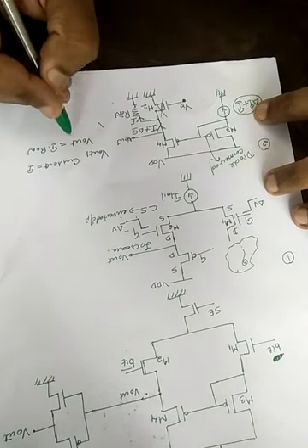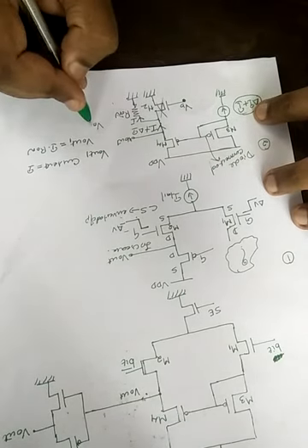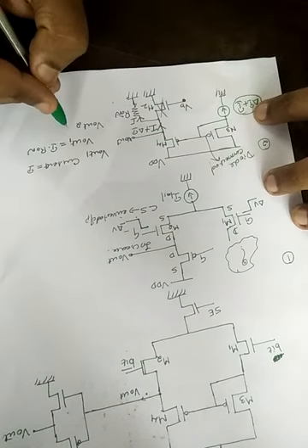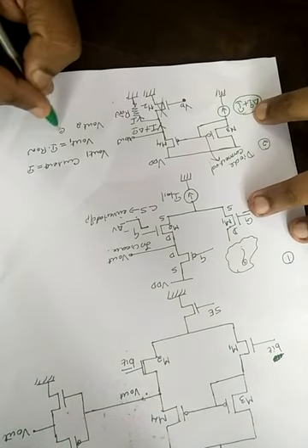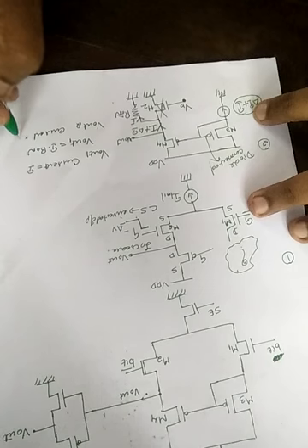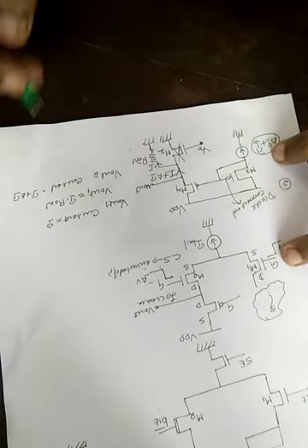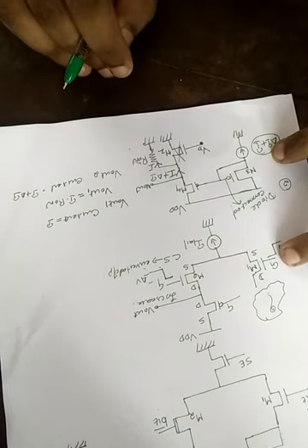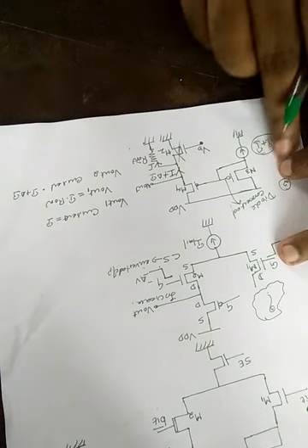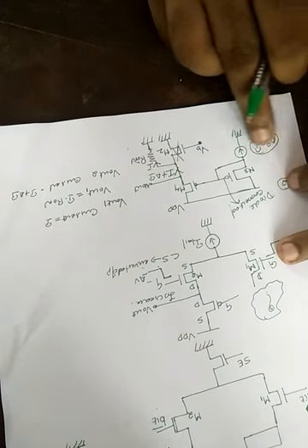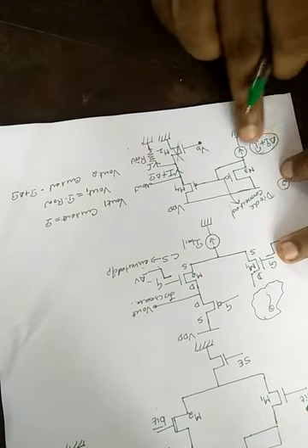Next case: if I am going to increase this current from I to I plus delta I, I am going to analyze this output as V out 2, which is caused as a result of current I plus delta I. As the current in this arm is increased from I to I plus delta I, based on our previous discussion, this entire current is transferred to this arm.